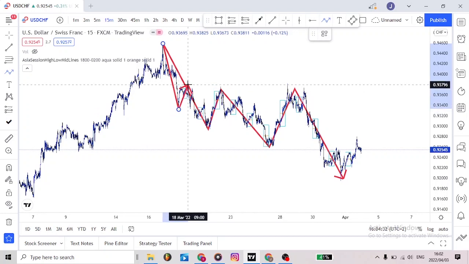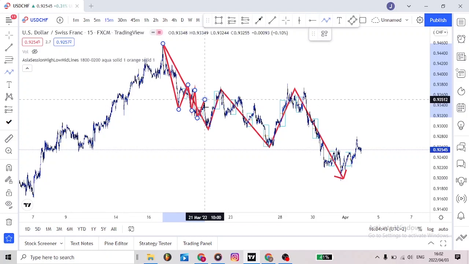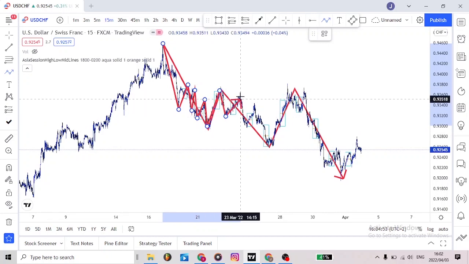That corrective phase is also an uptrend within a downtrend, and then we started going down and then up again, down and then up again, down and then up. So we saw something like this.